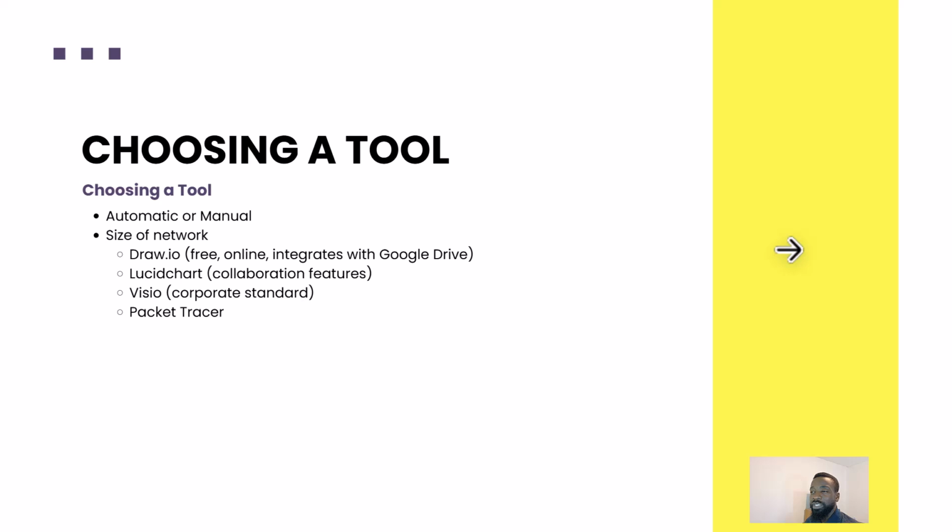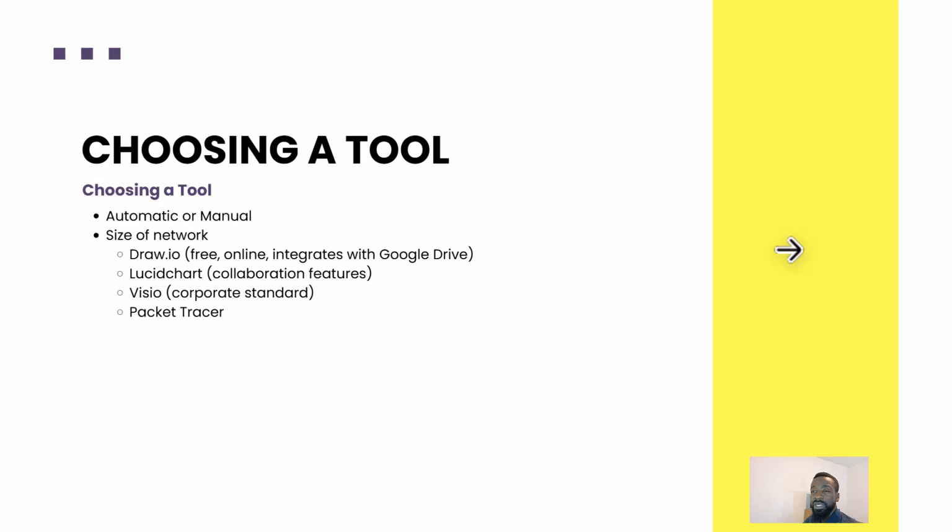So it's important, even if you have automatic devices, when you've completed the scan and you've gotten the diagram, you should inspect and ensure that your diagram is actually what exists in the physical environment, right? Yeah, that is very important. Then manual tools, like you should have manual tools that you can use to draw, UI UX tools that you can use to come up with your network topology, right?